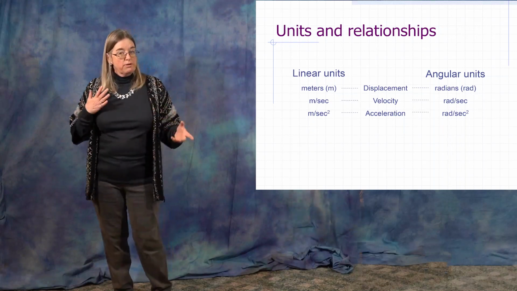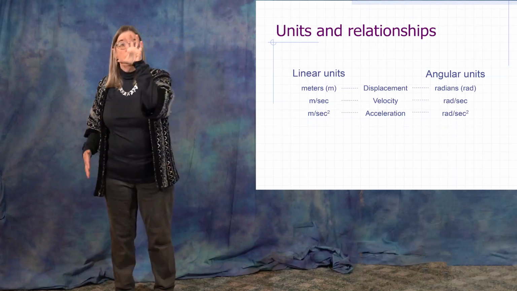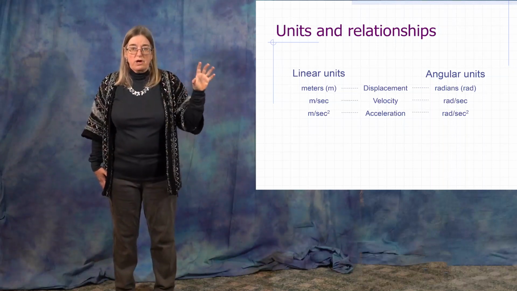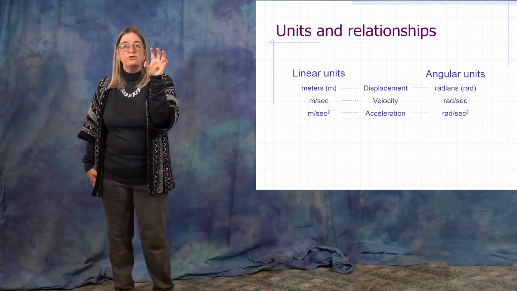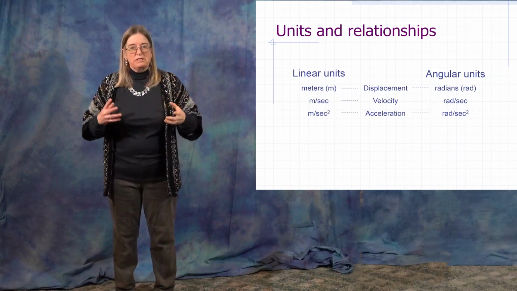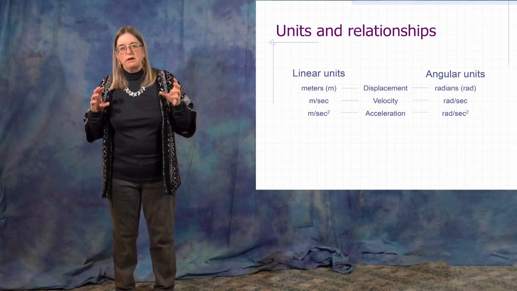When we talked about angular measures, and the fact they could be degrees or radians or revolutions, there were certain times when it actually had to be radians. And for the types of things we're talking about today, we really want our angular measures to be in radians.